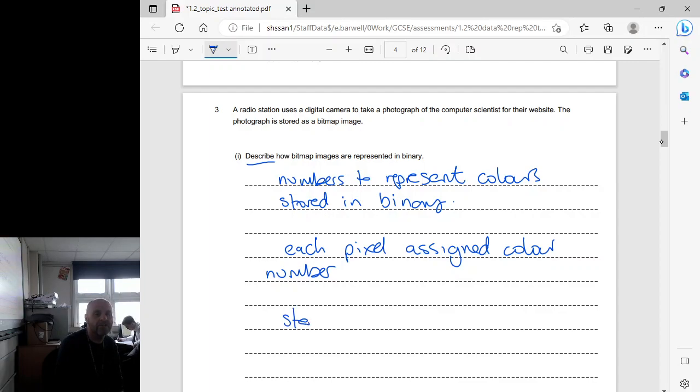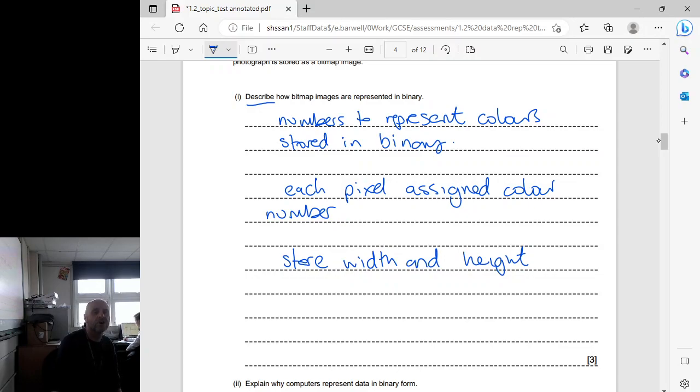Okay, we store the width and height so we know how many pixels to draw along and down. It was only 3 marks, so there's loads more things you can say than 3 marks worth. Store the width and height, and we have a colour palette. A colour palette identifies the colour for each colour number.